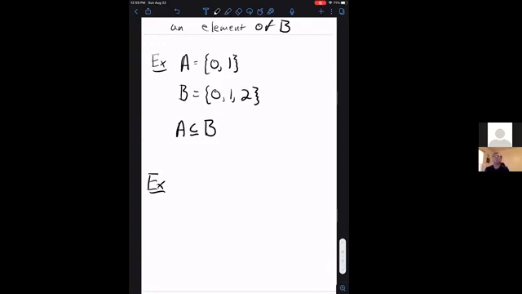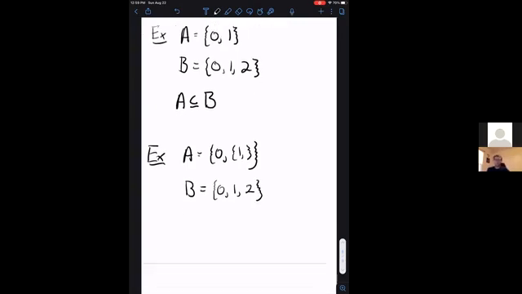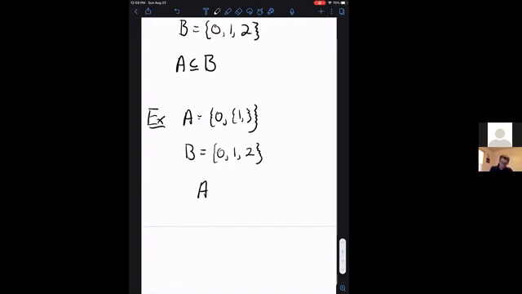Let's take a breather here. If A was this though, the set containing 0 and the set containing 1, and B was 0, 1, and 2, right? A would not be a subset of B, which is how you write that. Why?